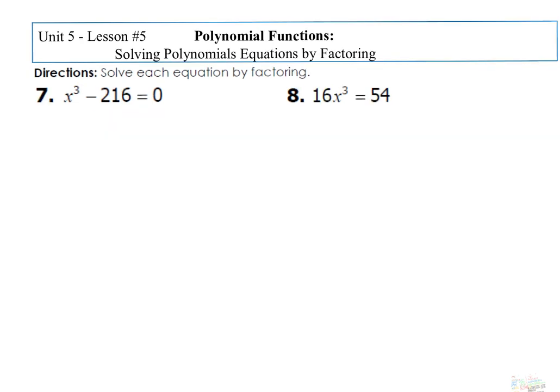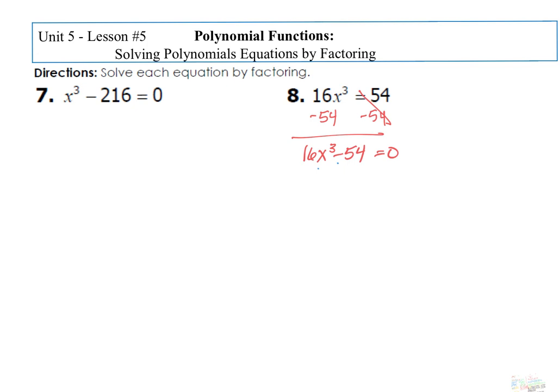We have 16x cubed equals 54. So again, before we can do any factoring, we have to get equal to 0. So we're going to start off by subtracting 54 from both sides. So this is 16x cubed minus 54 equals 0. Now I have an x cubed and a minus sign, so I'm thinking difference of cubes, but 16 and 54, they don't have a whole number or an integer to be their perfect cube.